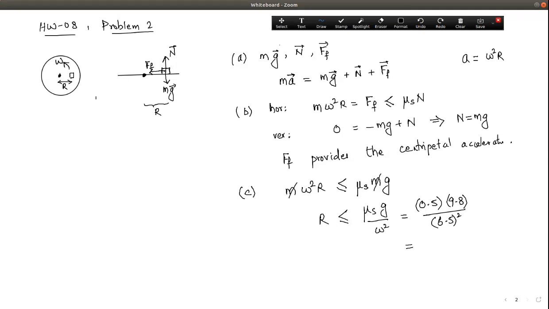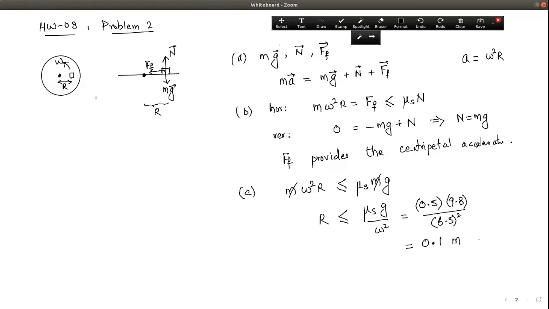So that's 0.12, so that's 0.10, 0.1 meters. That's 10 centimeters. But there's only one significant digit in this.